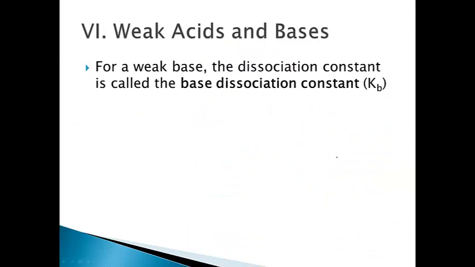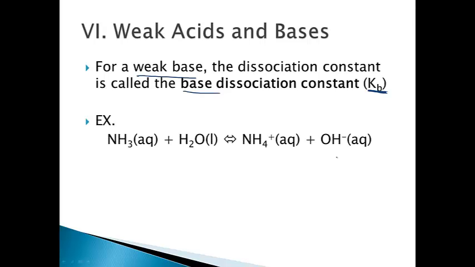Okay, now, what if we're going to do a base problem? Well, you still do the exact same thing, but the dissociation constant is not called a Ka, it's called a Kb. This is the base dissociation constant. So, for example, you wanted to find the pH of an ammonia solution.